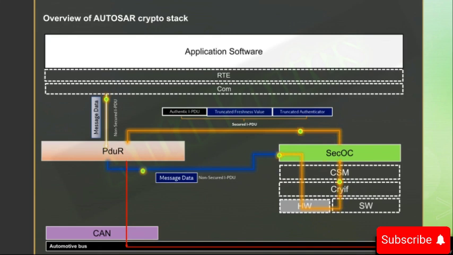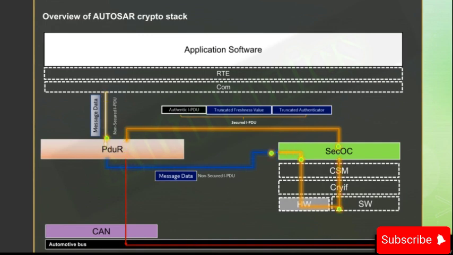The secured IPDU consists of the authentic IPDU, the truncated freshness value plus the truncated authenticator. So this is how the secure message is formed in the SecOC module. As you can see in this presentation, from SecOC, the secure IPDU will again pass to the PDUR, and from PDUR, the message will be sent to the CAN driver layer, and from the CAN, it is sent to the automotive bus, nothing but the CAN bus, to the other ECUs.